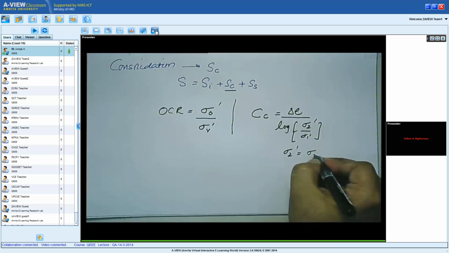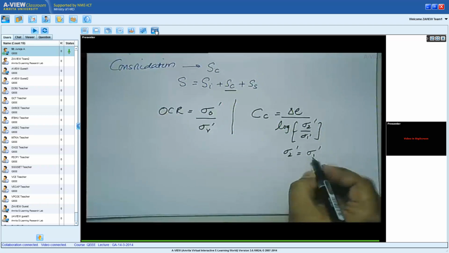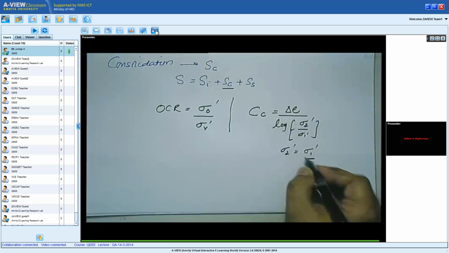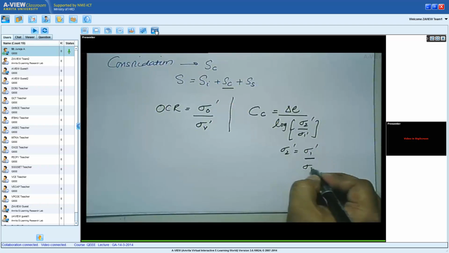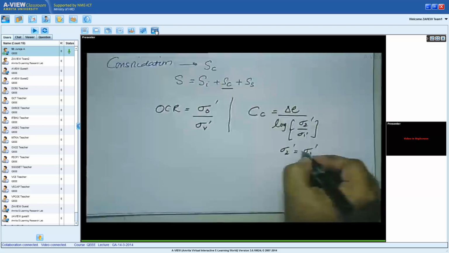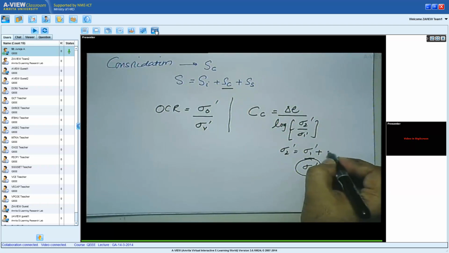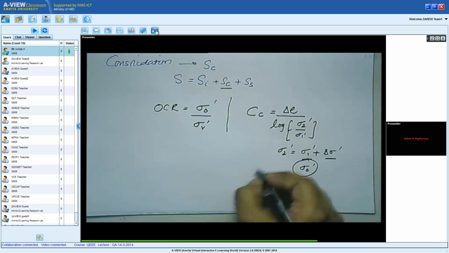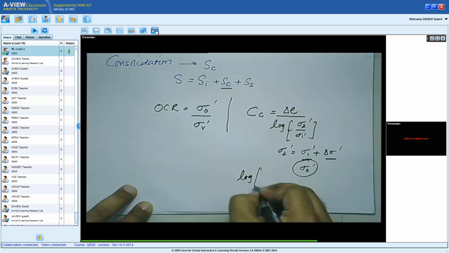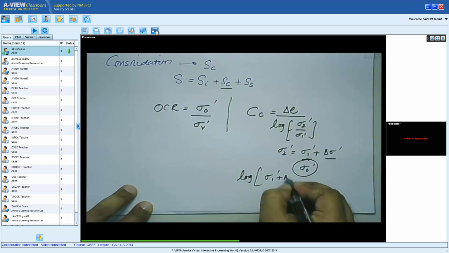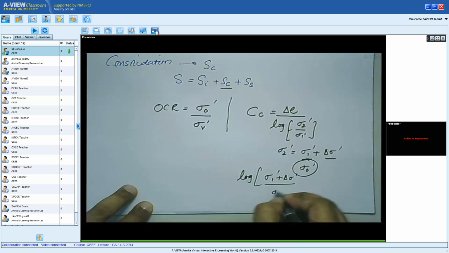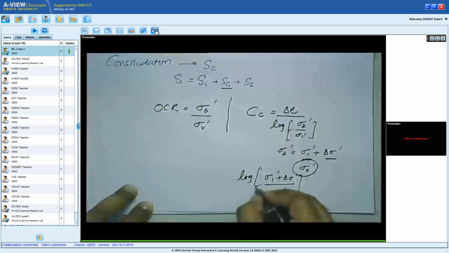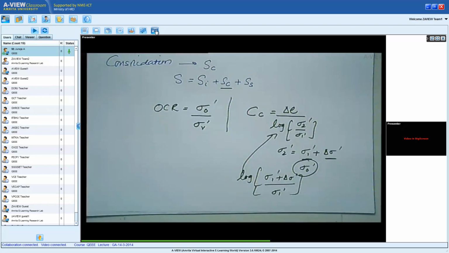If sigma 1 prime is the in situ stress, let me call this sigma 0 prime in case it's normally consolidated. So sigma 2 prime will be sigma 1 prime plus the delta sigma prime, the change. I could have written the denominator as log of sigma 1 prime plus delta sigma prime over sigma 1 prime.